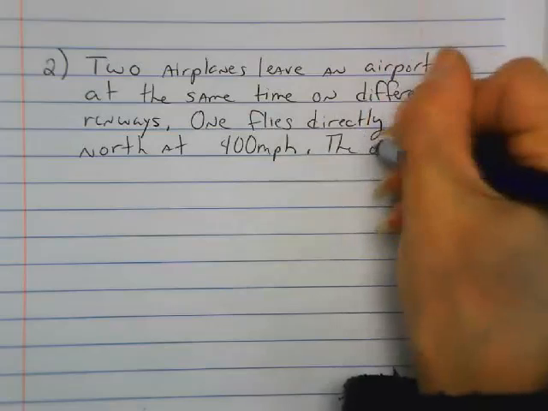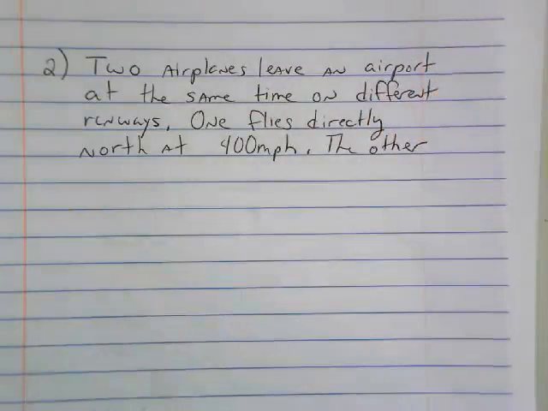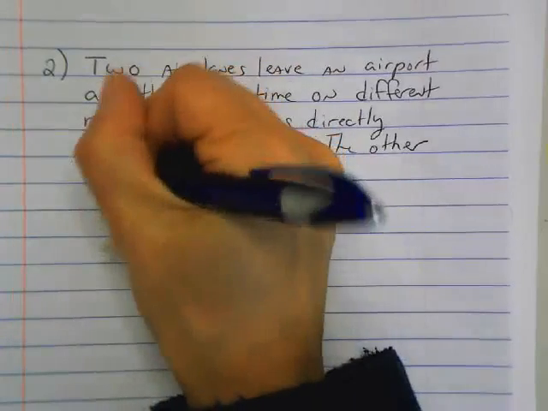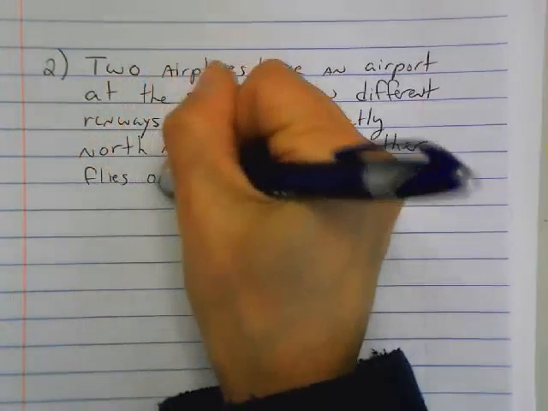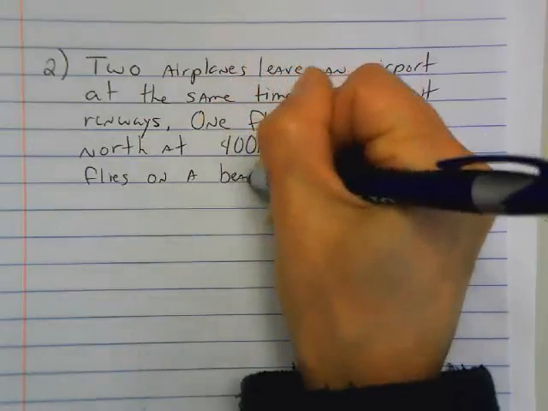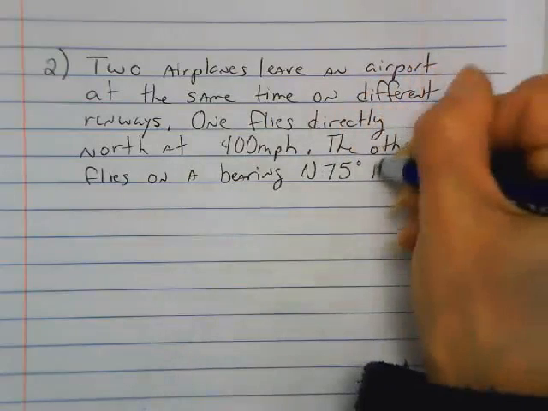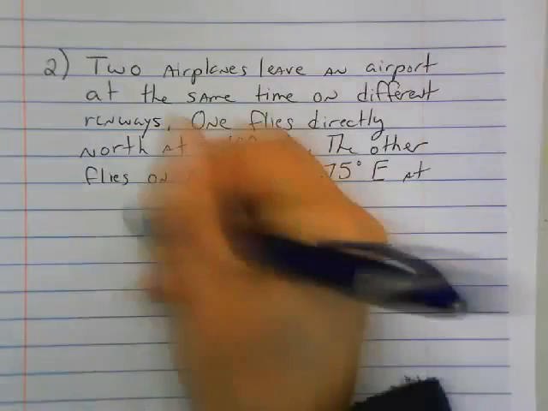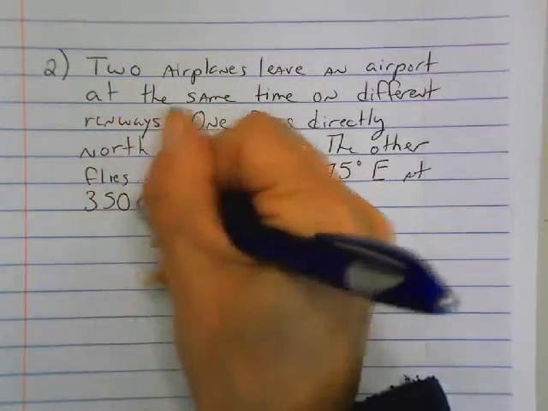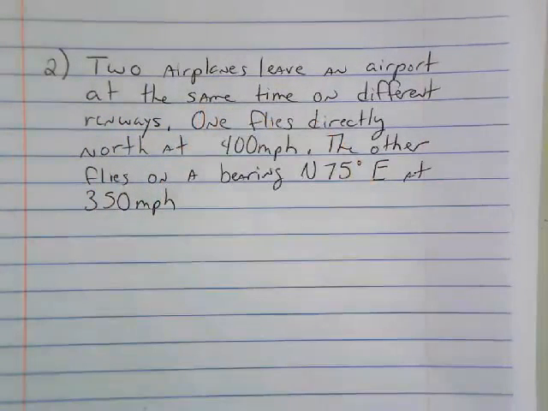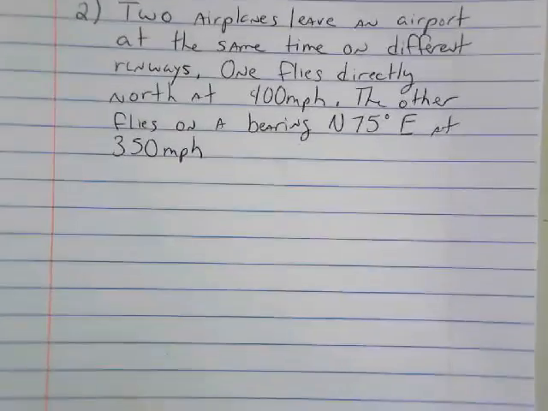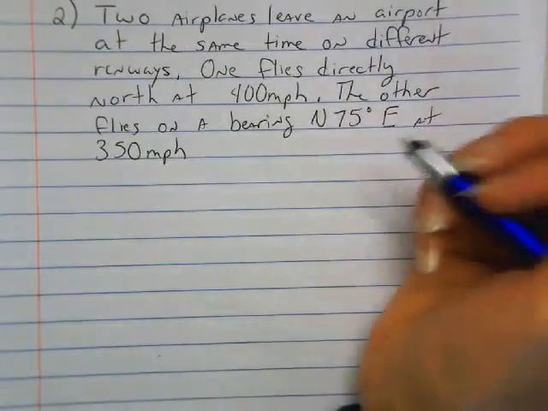The other flies on a bearing north 75 degrees east at 350 miles per hour. How far apart are they after 2 hours?